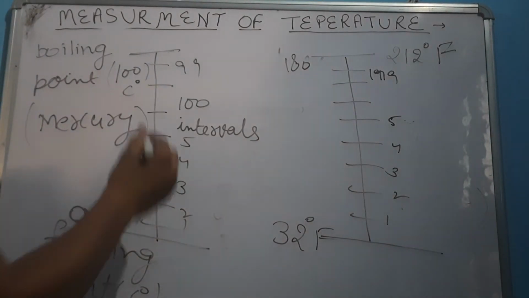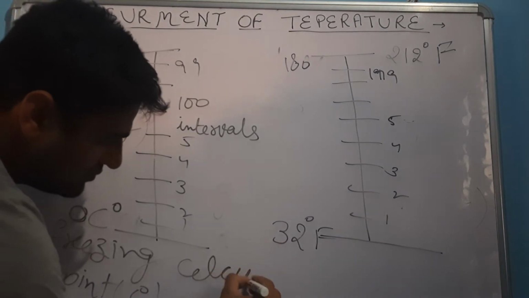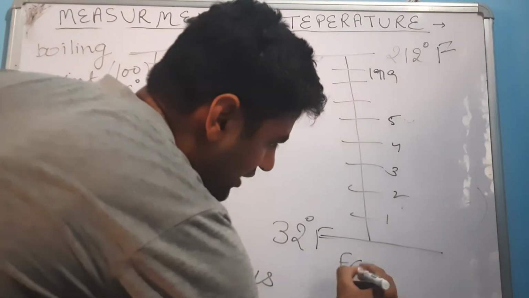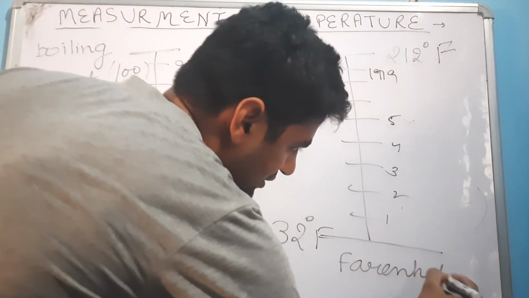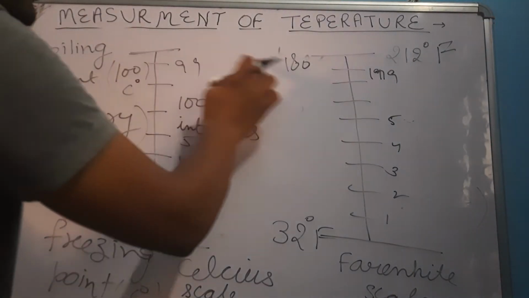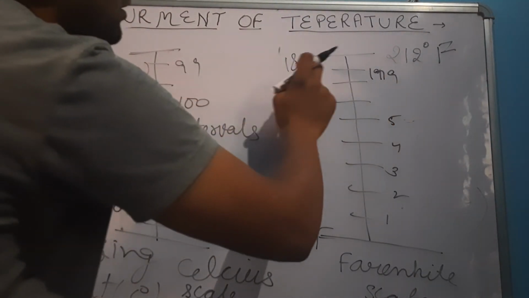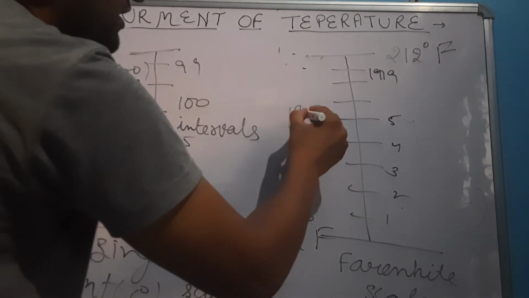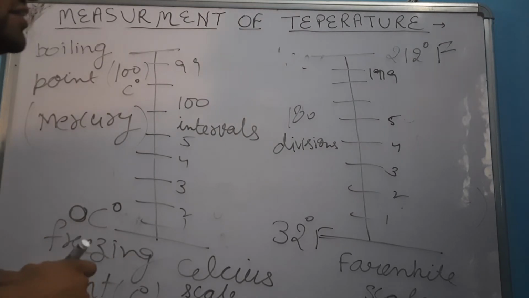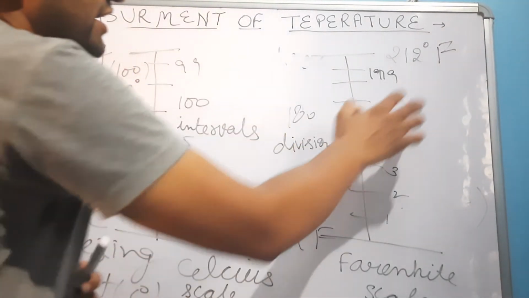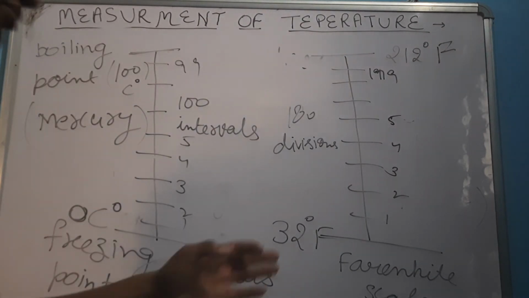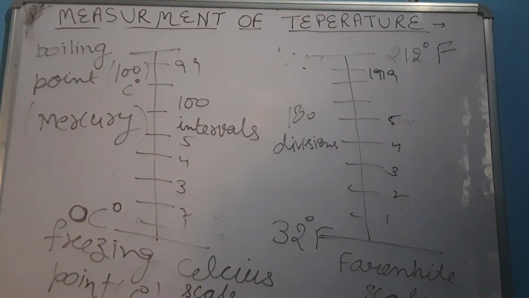So this is our Celsius scale, and this is our Fahrenheit scale. Our 100 degrees Celsius is equal to 180 divisions, these are 180 divisions, and 100 degrees Celsius on the Fahrenheit scale will be equal to 212 degrees Fahrenheit, and 0 degrees Celsius will be equal to 32 degrees Fahrenheit.